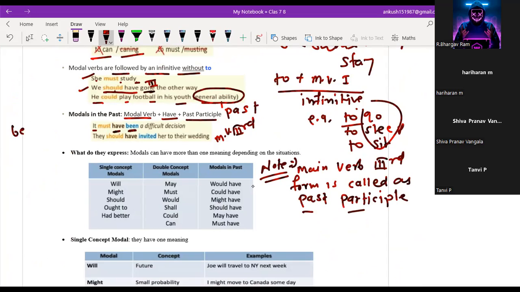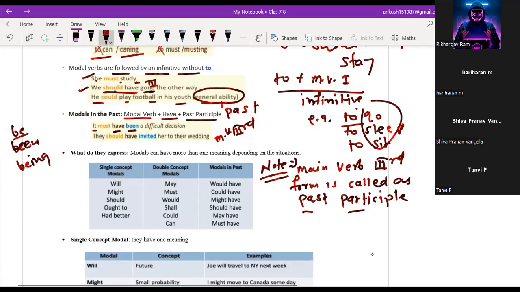Be. Be forms: be, been, and being. Understood? These are the forms of be, but there are other forms as well. Be forms, in the sense those primary auxiliary verbs.